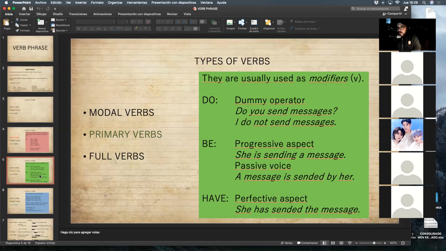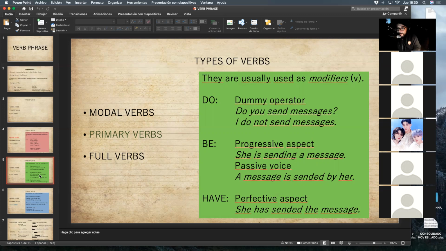The verb do, also called the dummy operator, the operator being the first auxiliary verb, is used when we need to create questions in present simple or create negatives, right? Why? Because present simple and past simple don't have auxiliary verbs. There's no periphrastic construction around them, so as we need the auxiliary verb, we put the verb do or did.